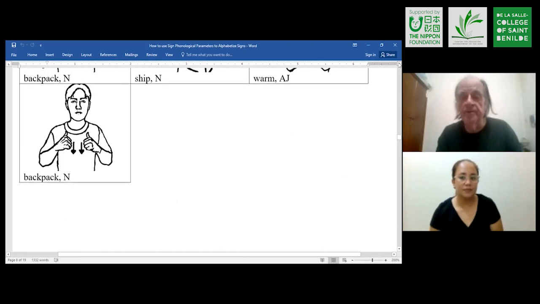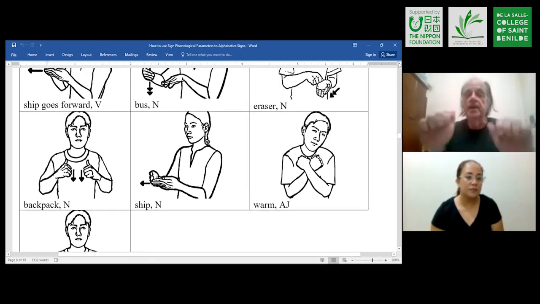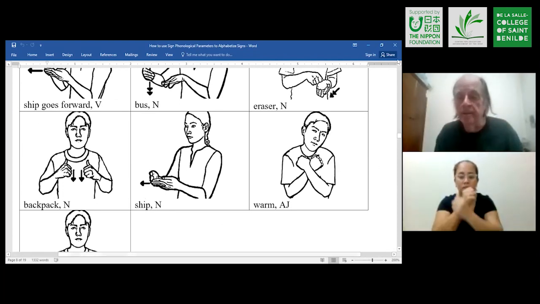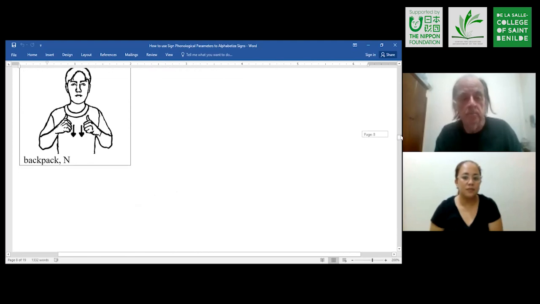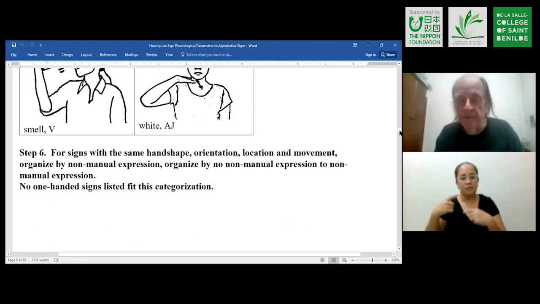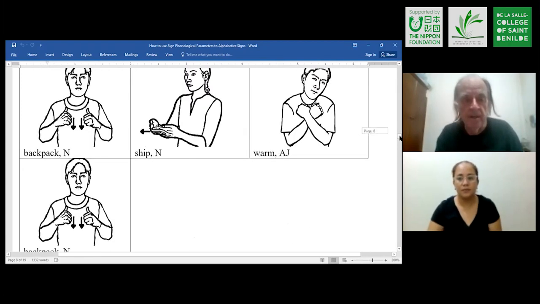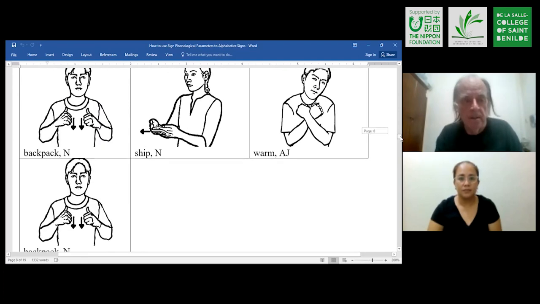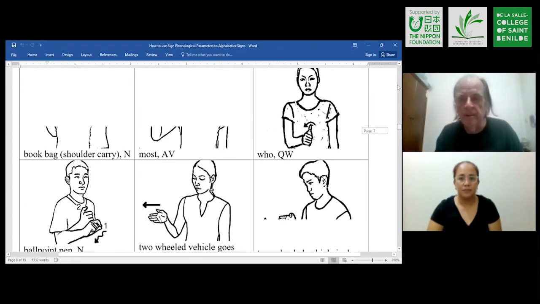And then warmth, warm or warmth, these hand shapes. And there's another backpack there. I may have listed too many signs here. Hold on a second. Okay, let me go back to the original list.